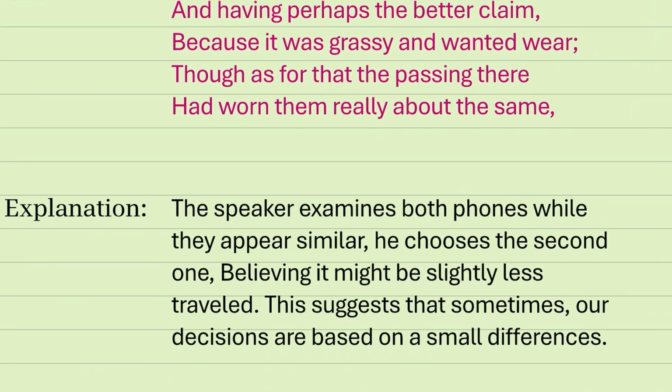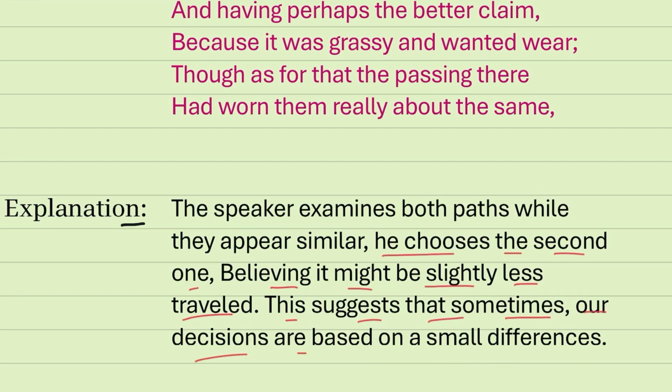So what the poet is trying to say in the second stanza is that the speaker examines both paths while they appear similar. He chooses the second one, believing it might be slightly less worn. This suggests that sometimes our decisions are based on small differences.